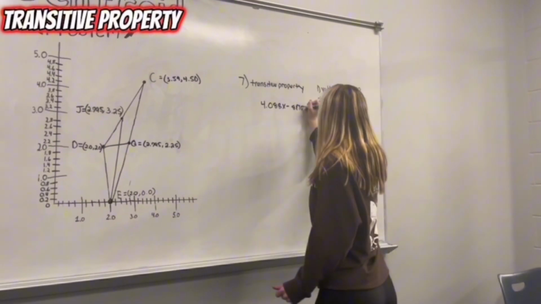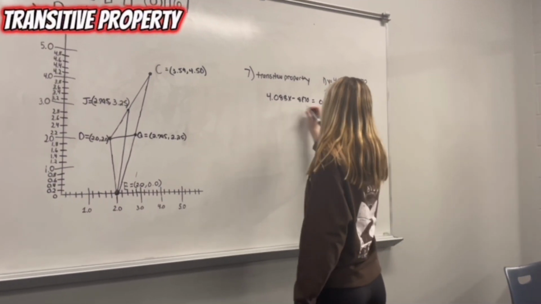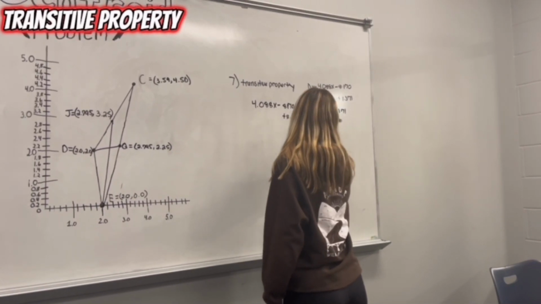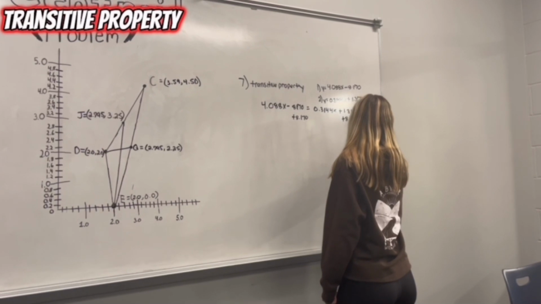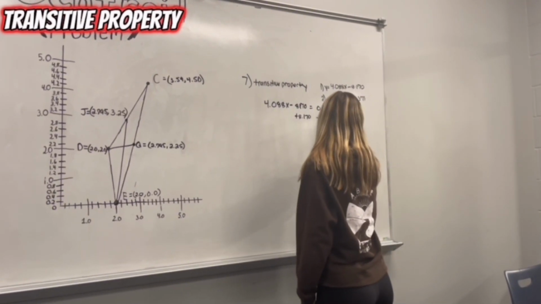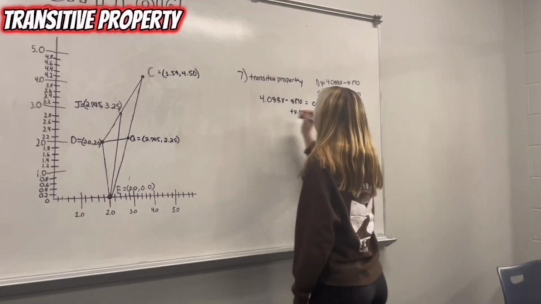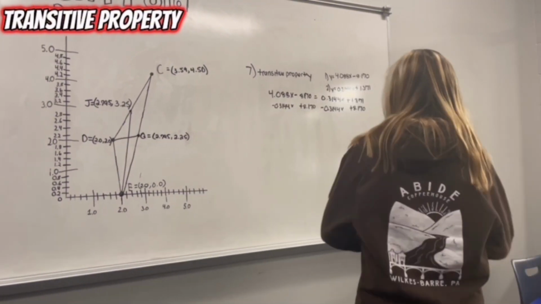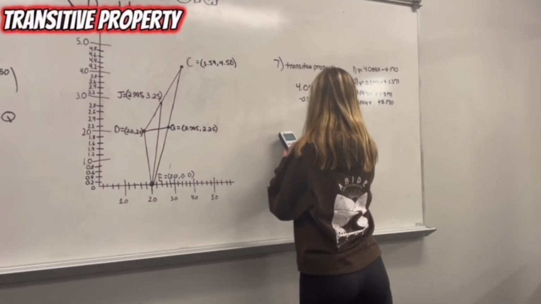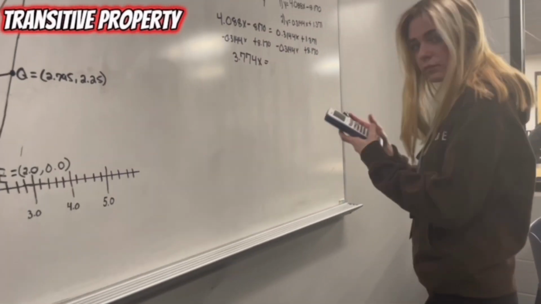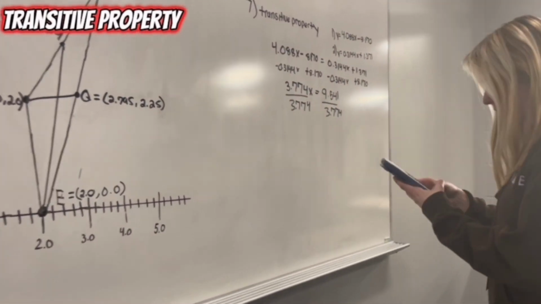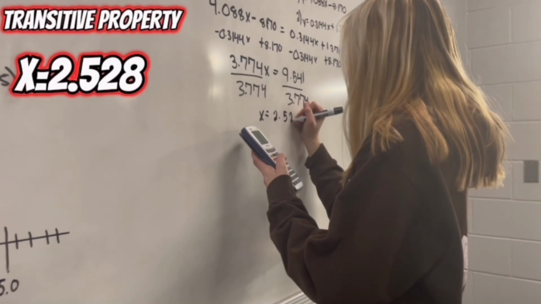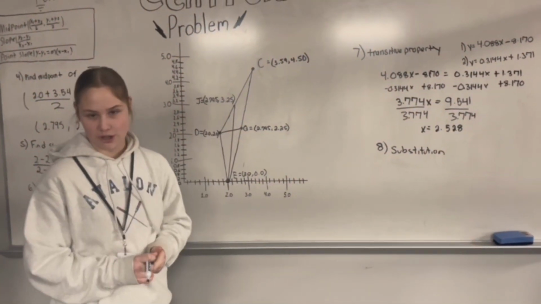And then you put like terms on both sides, so plus 8.170 on both sides, and then minus 0.3144x on both sides. X equals 2.528.